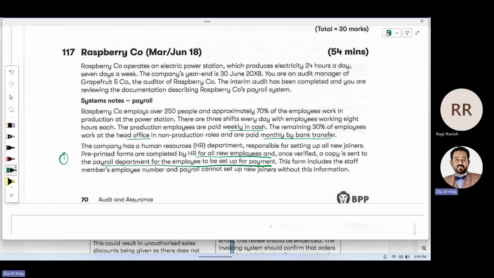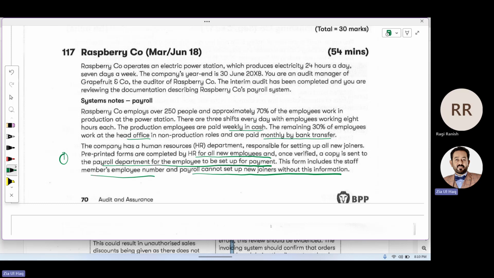While writing controls, companies have this. Pre-printed forms are completed by HR for all new employees, and once verified, a copy is sent to the payroll department for the employee to be set up for payment. This form includes the staff employee number, and payroll cannot set up new joiners without this information.